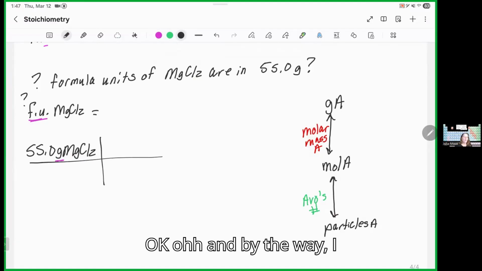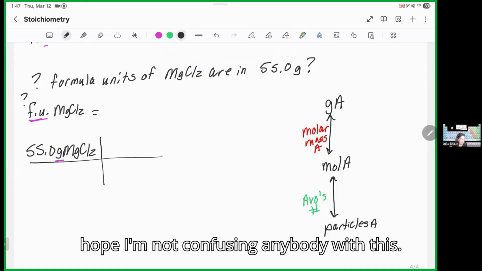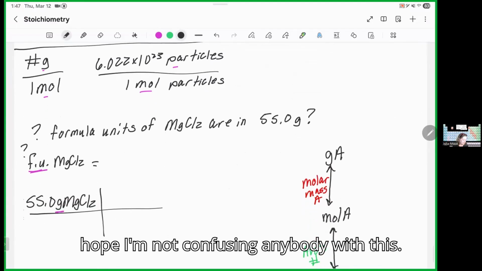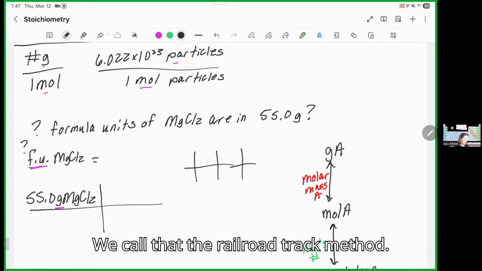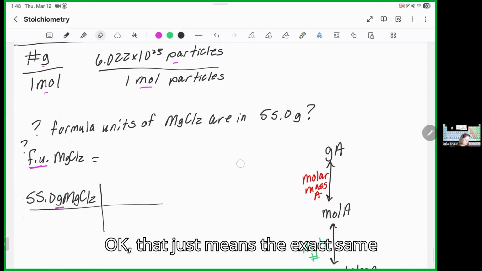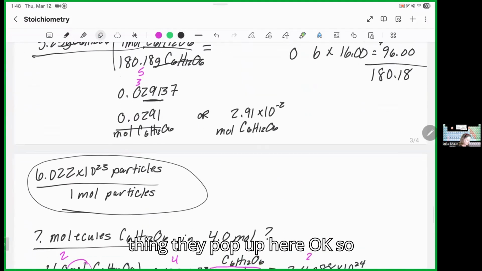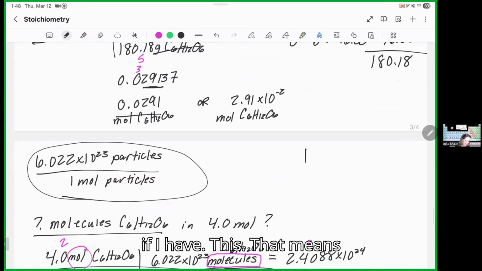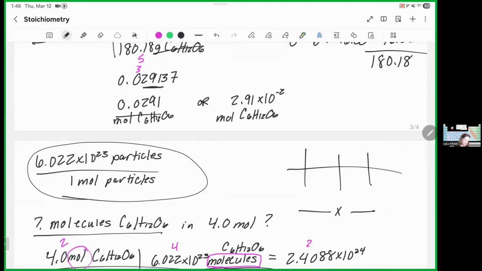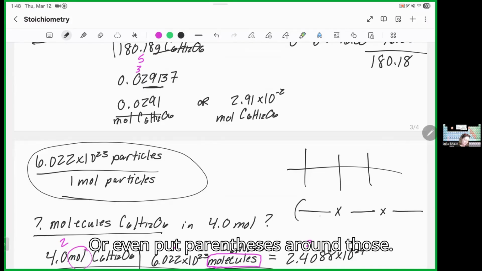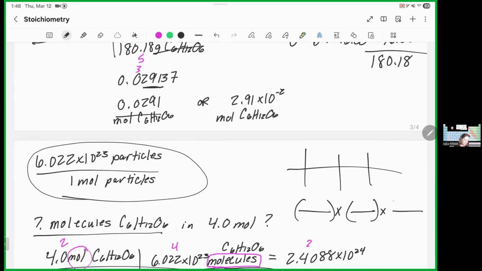Oh, and by the way, I hope I'm not confusing anybody with this. Most people use the lines like this. We call that the railroad track method. That just means the exact same thing. If I have this, that means the exact same thing as if I had, or even put parentheses around those.